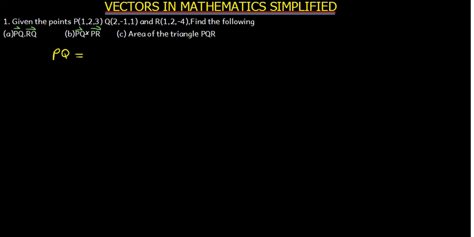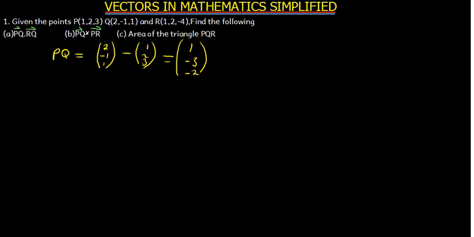PQ is going to be equal to Q, which is (2, -1, 1), minus P, which is (1, 2, 3), and this is going to give us 2 minus 1, that is 1, negative 1 minus 2, that is negative 3, 1 minus 3, that is negative 2.